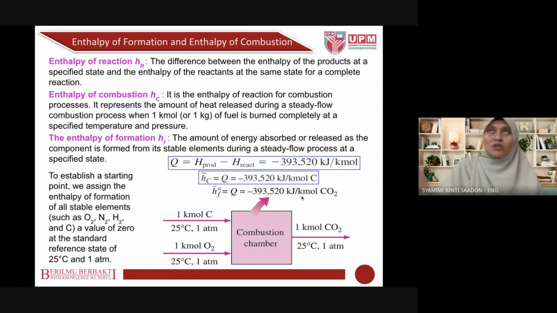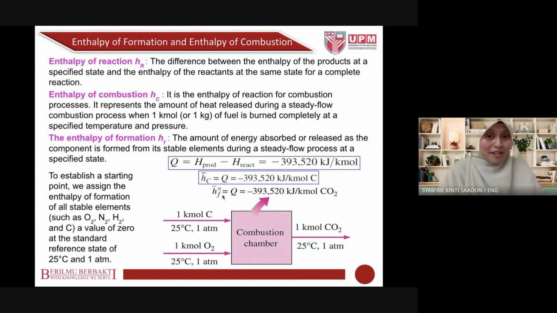The one that we used previously for gas turbines, etc., we usually used kilojoule per kilogram, right? But here for combustion, we will calculate the enthalpy in terms of kilomole because of the atoms, molecules, the chemical equation of the combustion process.